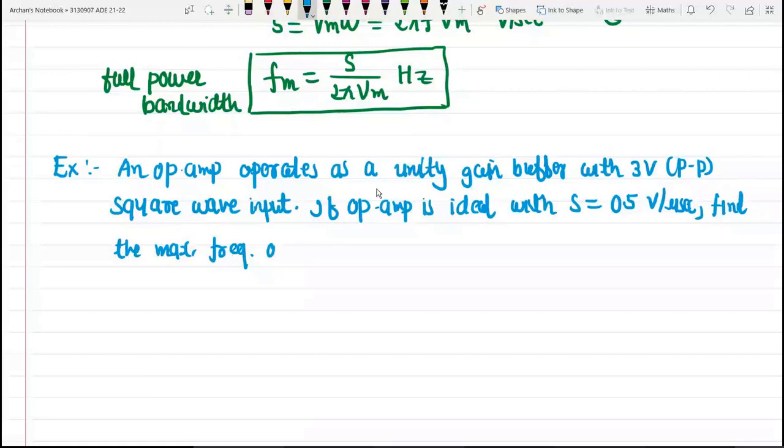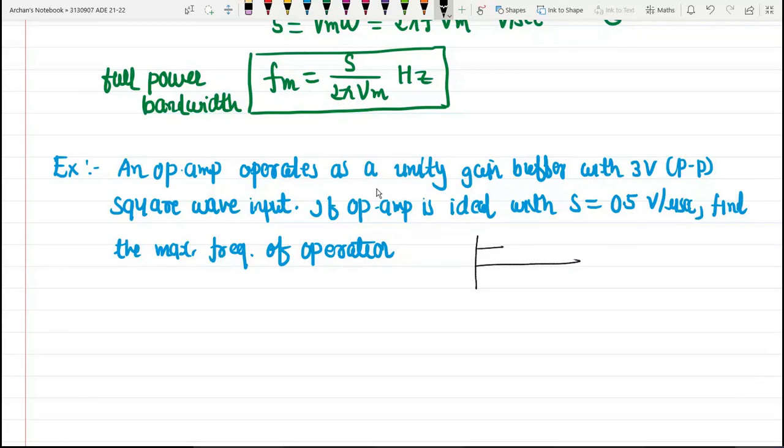So it is given to you that we have a unity gain operational amplifier whose input is 3 volt peak to peak square wave input. Now what we require is, whenever we provide this 3 volt peak to peak square wave input, my output should also be equal to 3 volt peak to peak square wave.